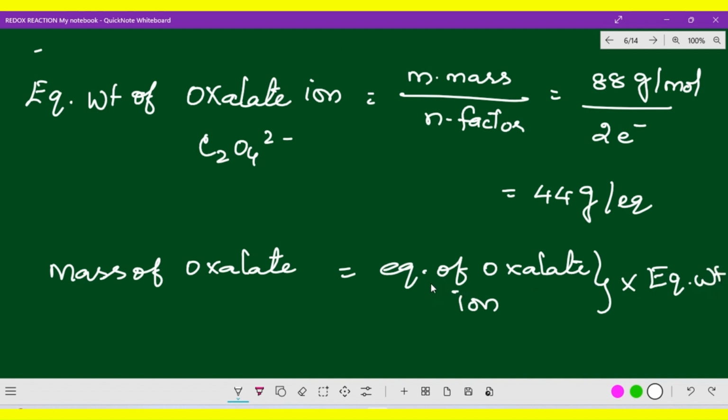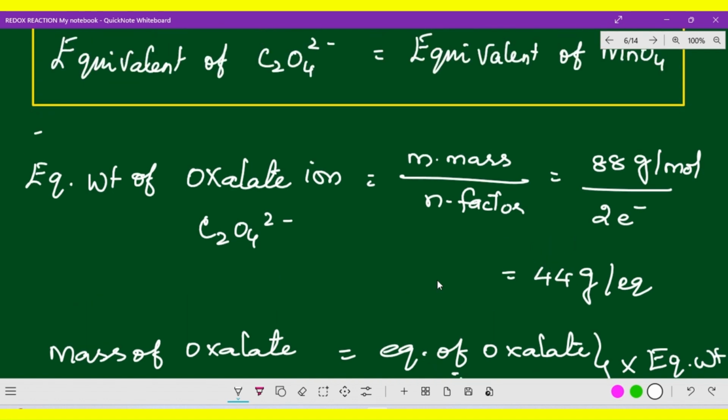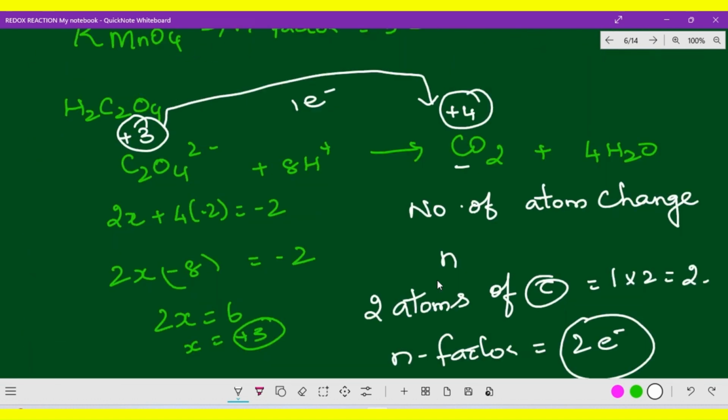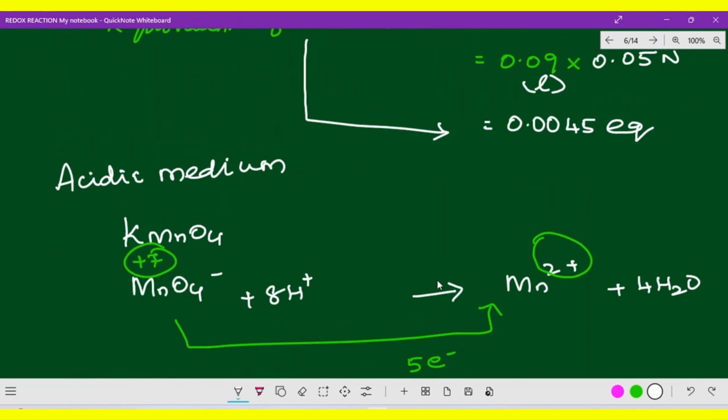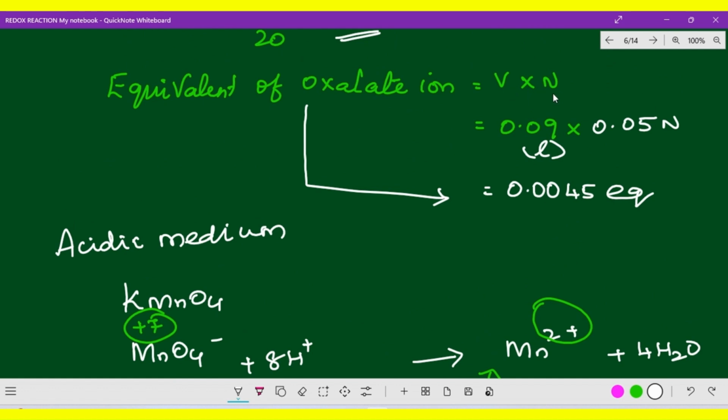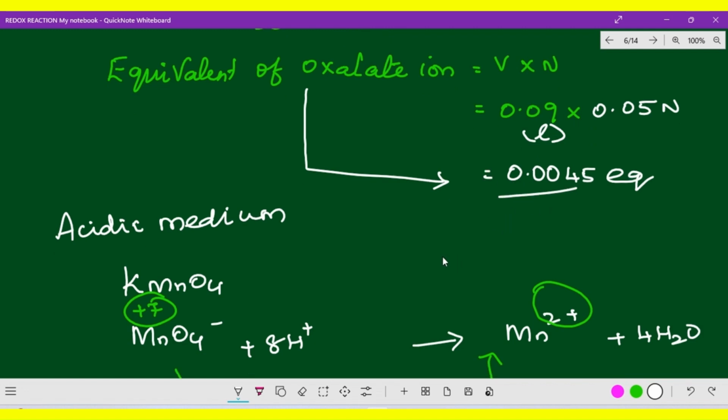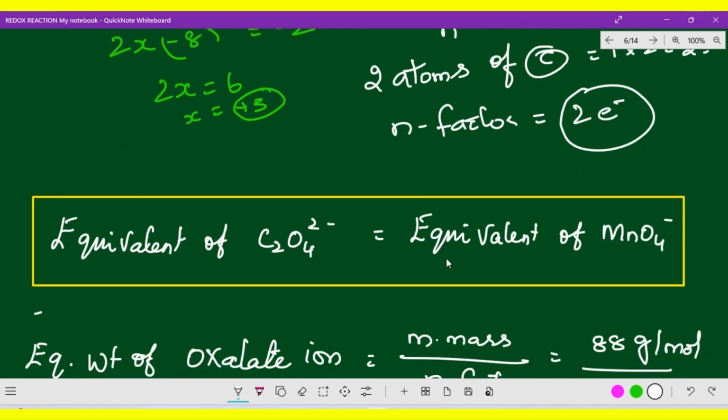Equivalent of oxalate ion is volume into normality. The volume, 1 liter we have converted, so that is 0.09 into normality 0.05, that is centimolar. From there we found the equivalent of oxalate ion long back. Now we can apply this value over here.